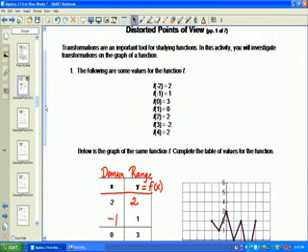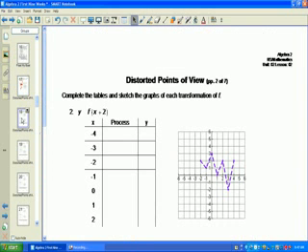Okay, everybody look at the first page. Notice it gives us our original graph in blue. And yours, of course, has to be black. And it's asking me y is equal to f, and then if you notice, I have to add what to the x? A 2. I have to add 2 to the x.